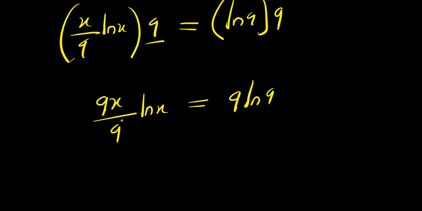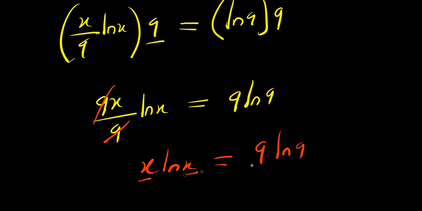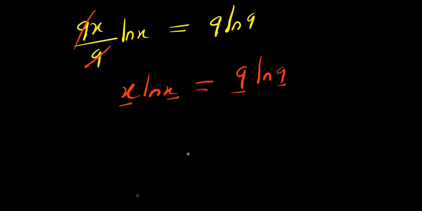So from here, this cancels this, I have x ln(x) = 9 ln(9). We can compare: x ln(x), 9 ln(9). That means x = 9.